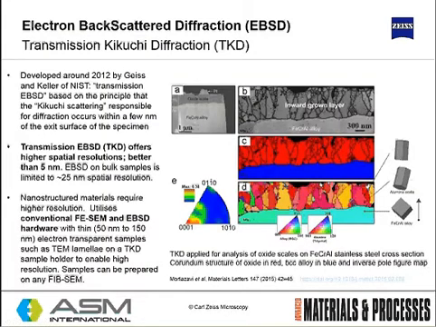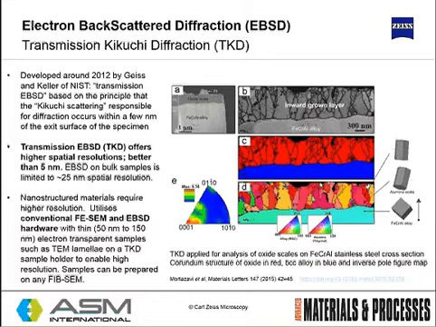An extension of this is transmission Kikuchi diffraction, TKD. This was developed by NIST in the last 5 or 10 years, and it's essentially a transmission EBSD. The Kikuchi scattering that is measured, which is responsible for diffraction, occurs within a few nanometers of the exit surface of the specimen.